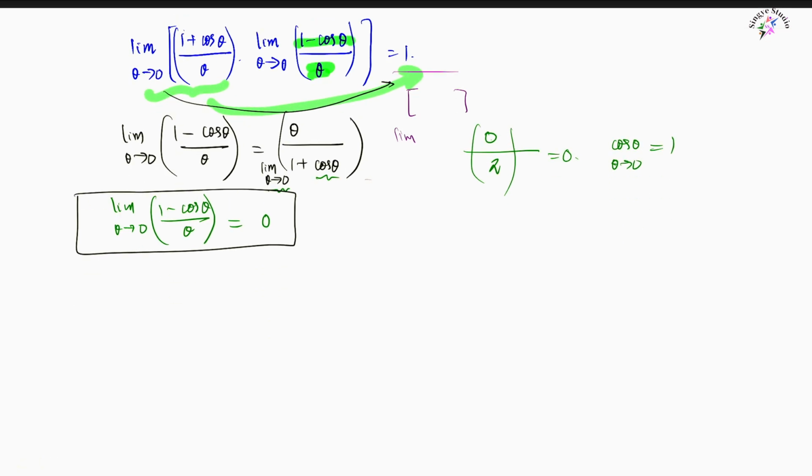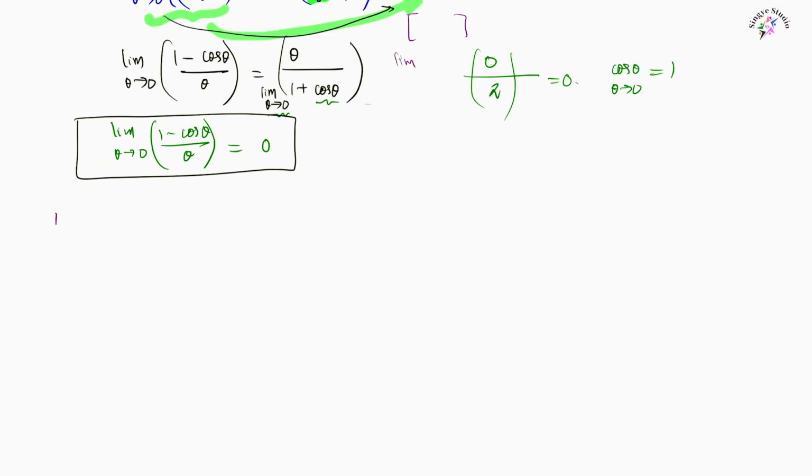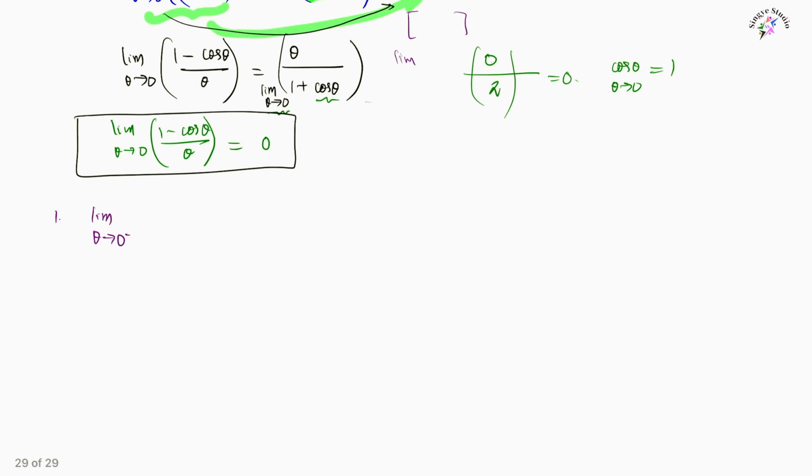So now let us check for theta less than 0, which is when theta approaches the negative 0 side. For this we have the limit as theta approaches negative 0 of sine of negative theta upon negative theta.